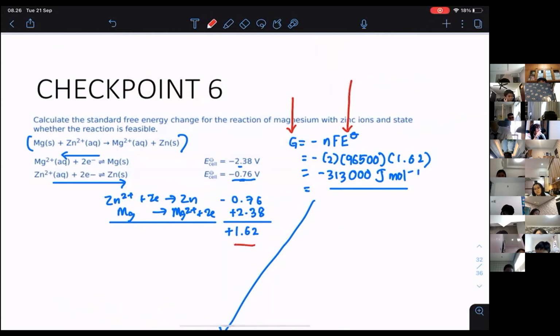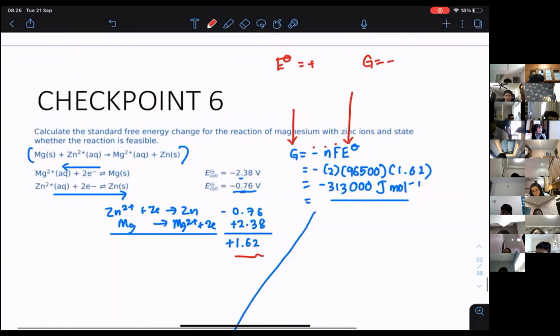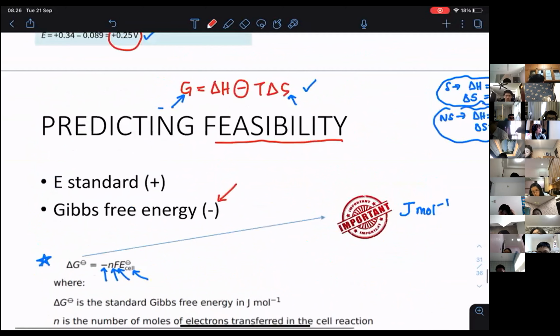As long as your E value is positive, this value is positive, this value is positive, so negative times positive is negative. So Gibbs will be negative. As long as the E value is positive, Gibbs free energy is going to be negative. This is another rule that you can remember. That's why if you refer to here, E standard is positive, Gibbs free energy is negative, yes, they are feasible.